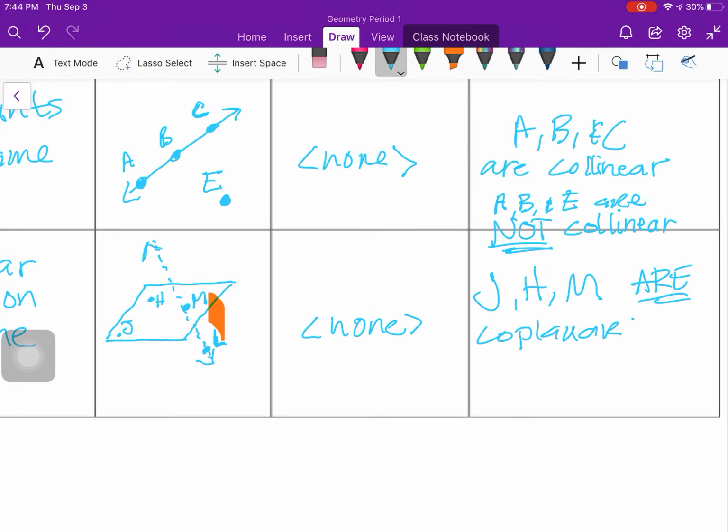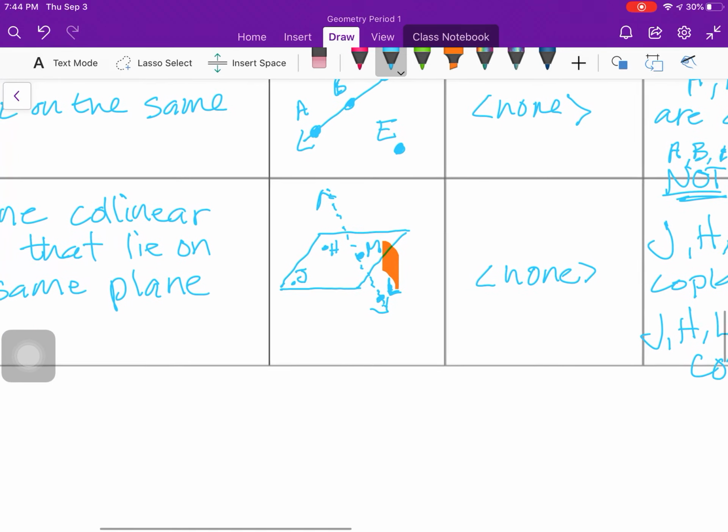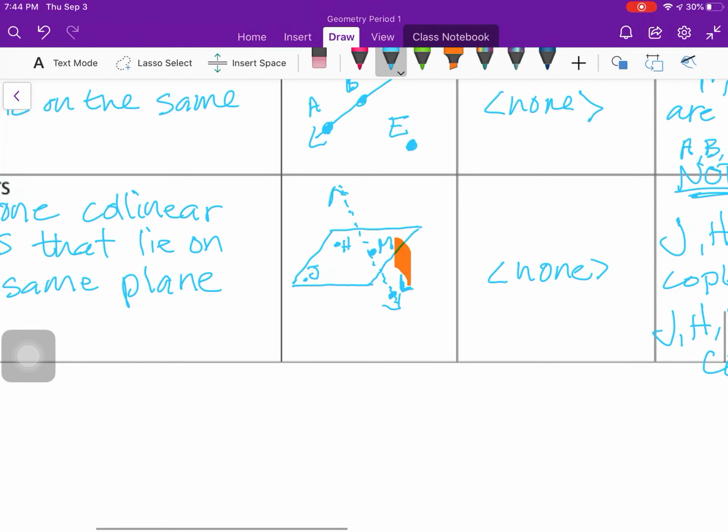And let's throw that L in there. J, H, and L are not coplanar. That one's a little bit more tricky to grasp.